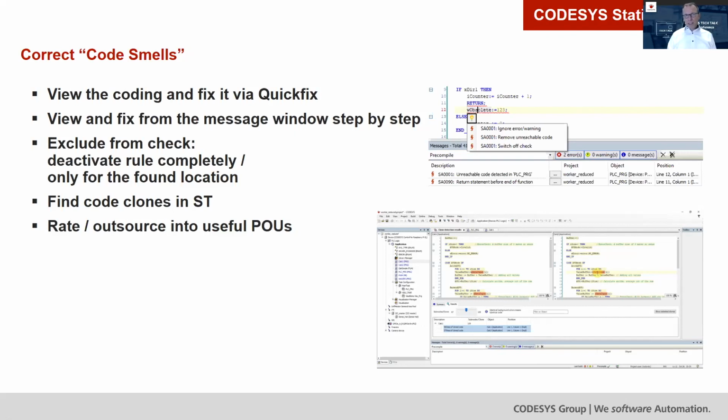And by using such a tool, think of the dog that sniffs for that problems, it's much easier to find them and to fix them. And you can, of course, just switch off the rules that you're not taking care of. However, I can really recommend to use that CODESYS static analysis for real applications.